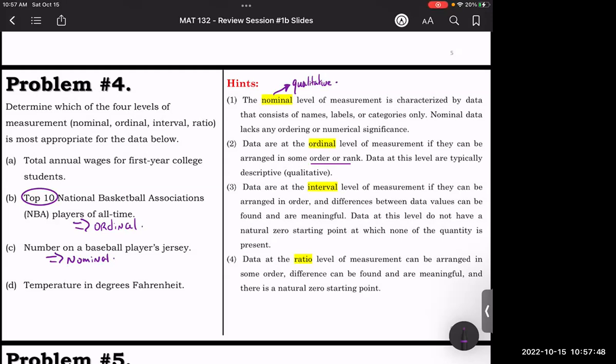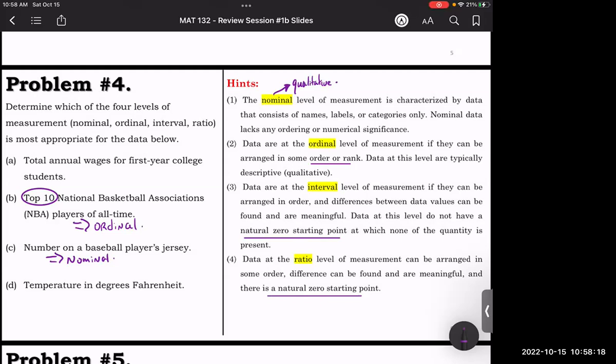Data at this level do not have a natural zero starting point at which none of the quantity is being presented. So one of the key differences between interval and ratio is that in an interval, there's no natural zero starting point, whereas at the ratio level, data can be arranged in some order, differences can be found and are meaningful, and there is a natural zero starting point.